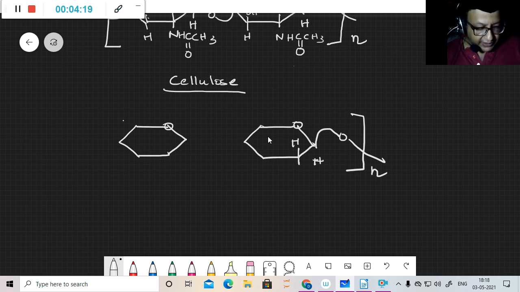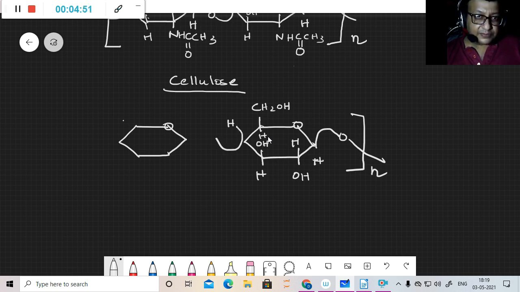There is an H over here, and you have an OH over here. The OH comes over here. H is coming over here. H over CH2OH. The usual structure of glucose, as you know, there is a beta linkage like cellobiose.